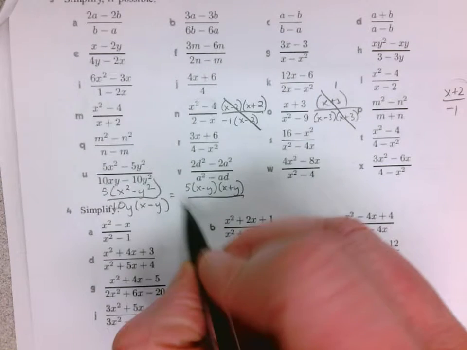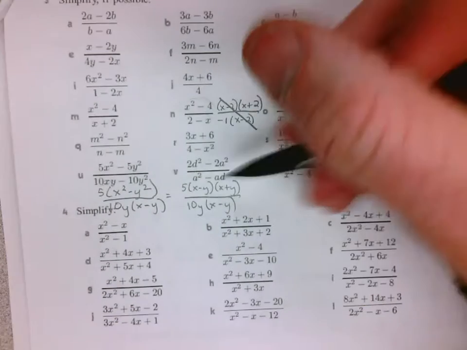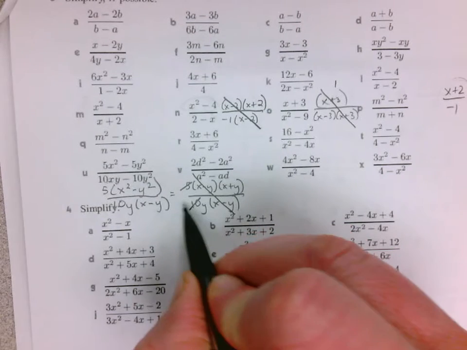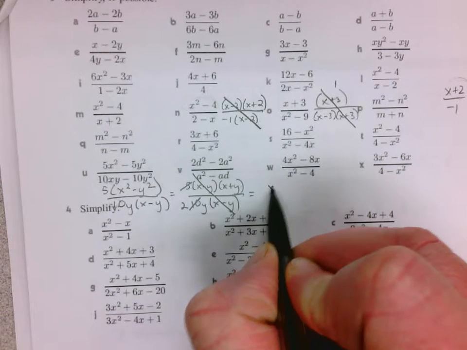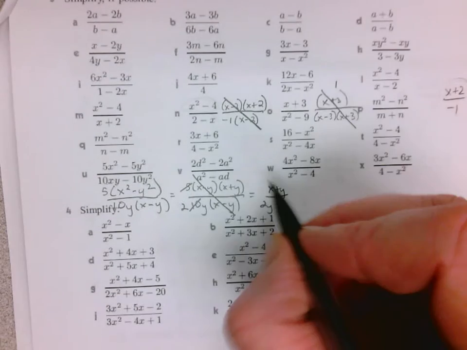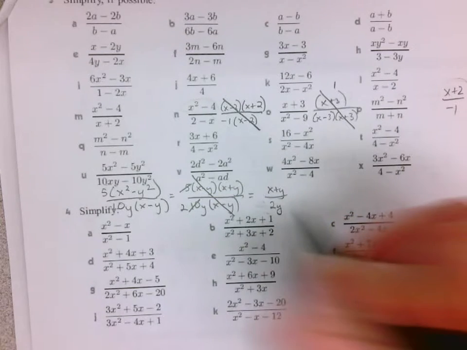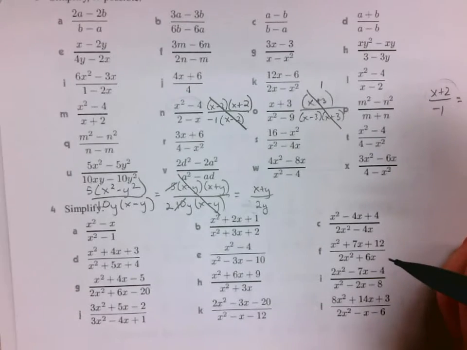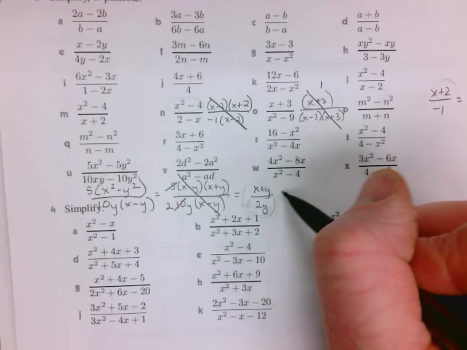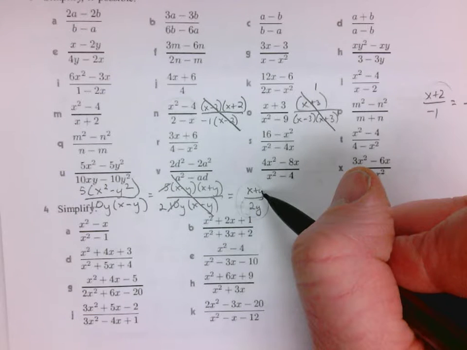x minus y. Now I can go and cancel that out. 5 goes into 10 2 times. Make sure at the end you rewrite your answer. If you have a denominator that is a monomial, like this one, you could divide this and write it as x over 2y plus a half.